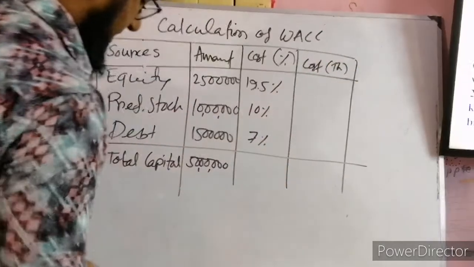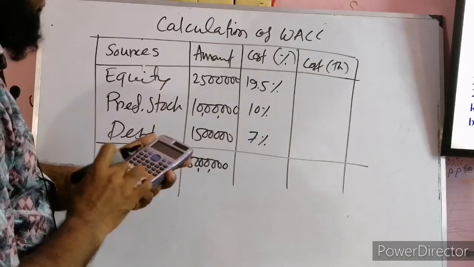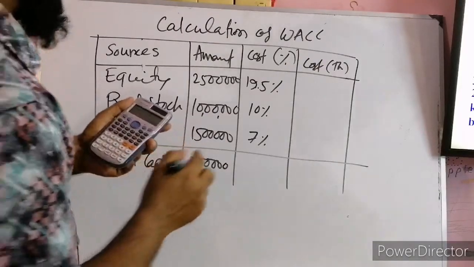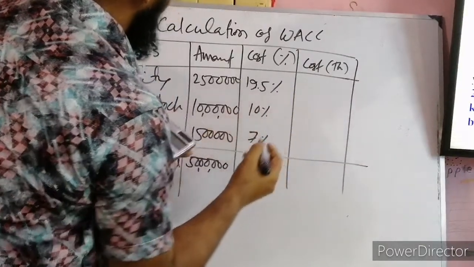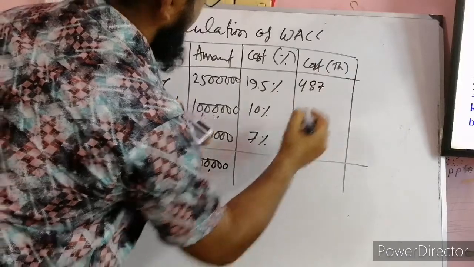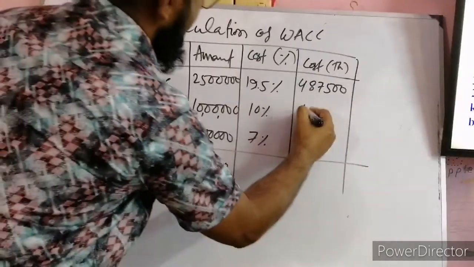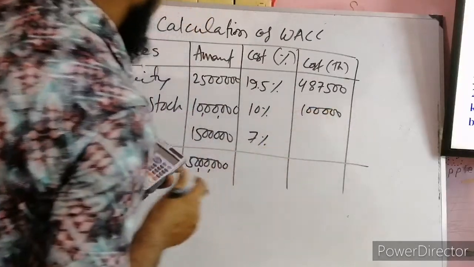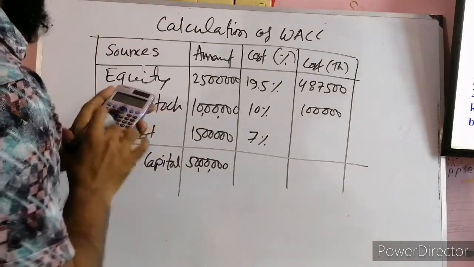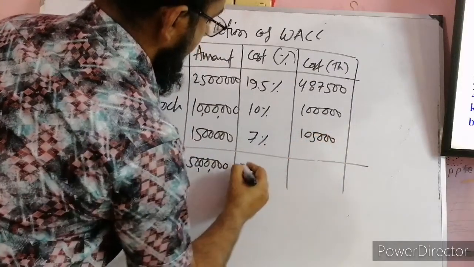Cost taka. Okay, 25 lakh multiplied by 0.195, that is 4 lakh 87,500. 10 lakh at 10% is 1 lakh, as you know. 15 lakh multiplied by 0.07 equal to 1 lakh 5,000.